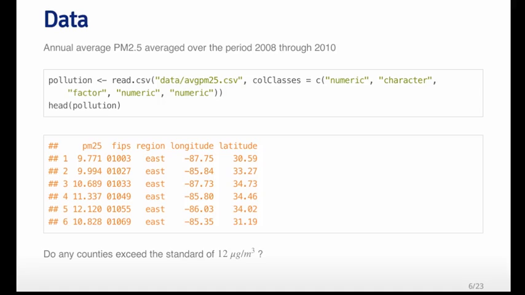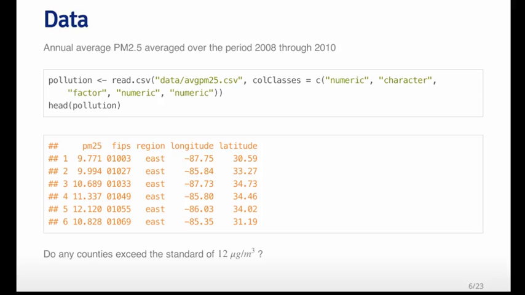The data here are available. You can read them in using the read.csv function, and I've put the code here so you can take a look. Here are the first couple lines of this data frame. The first column is the level of PM2.5. It's the annual mean averaged over the past 3 years, actually the years 2008 through 2010.